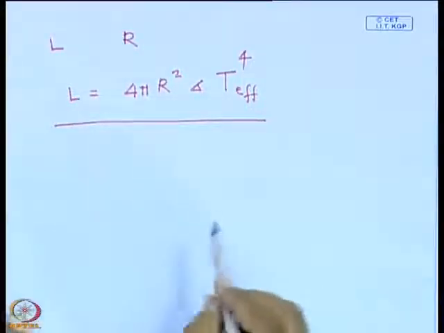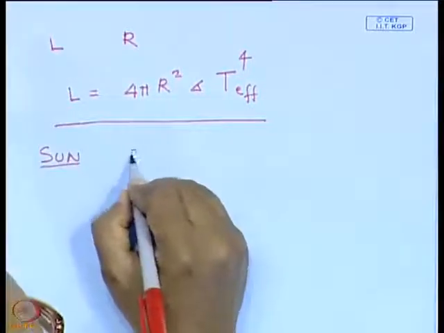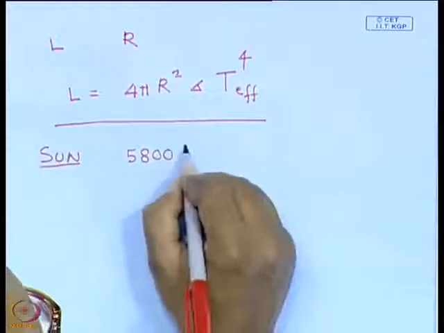For the sun, the effective temperature comes out to be 5800 Kelvin.